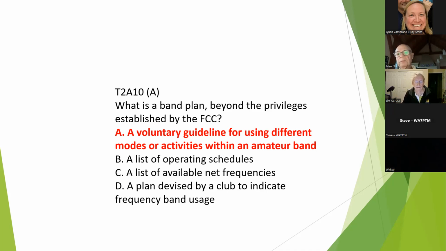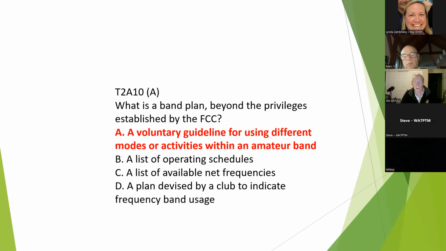Western Washington, I forget what the ARA is, but it's a group of amateurs who get together and work out, okay, if we've got these three repeaters in this county on this frequency, then we've got to make sure they don't conflict with the repeaters in the next county, or simplex frequencies. And we talked earlier about the national calling frequencies, so we don't want any repeaters conflicting with the national calling frequency.